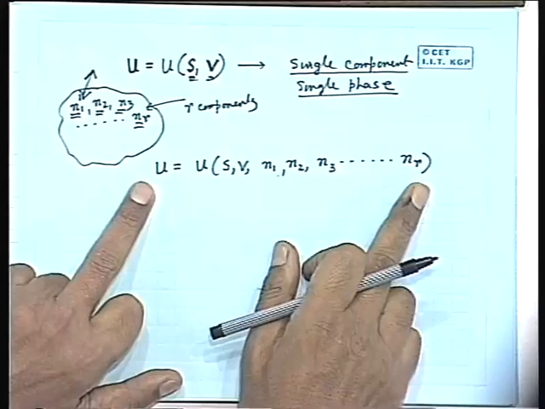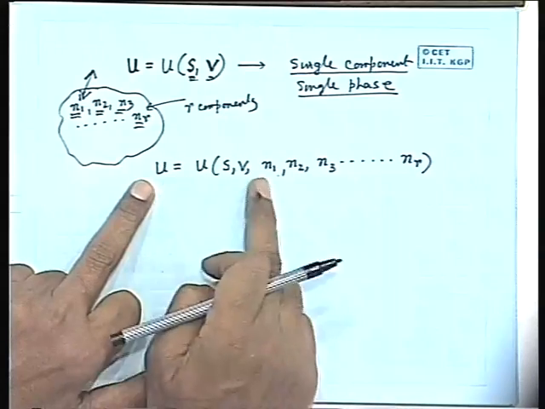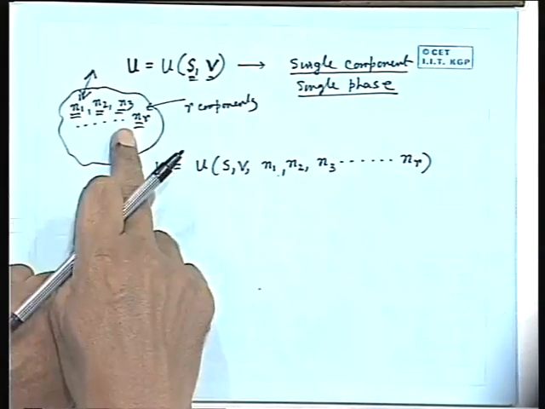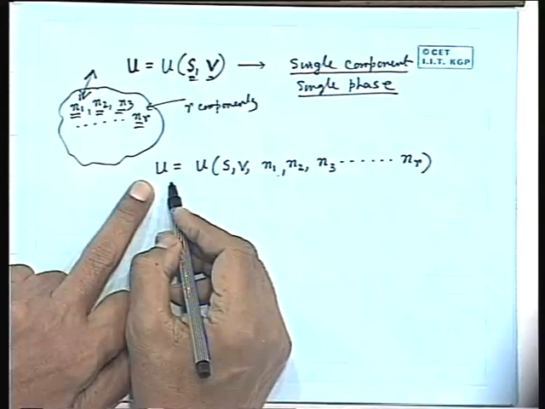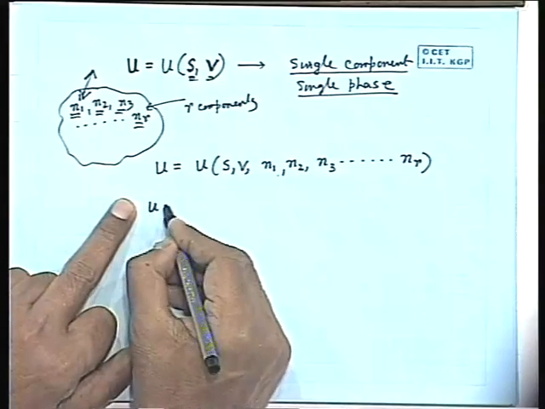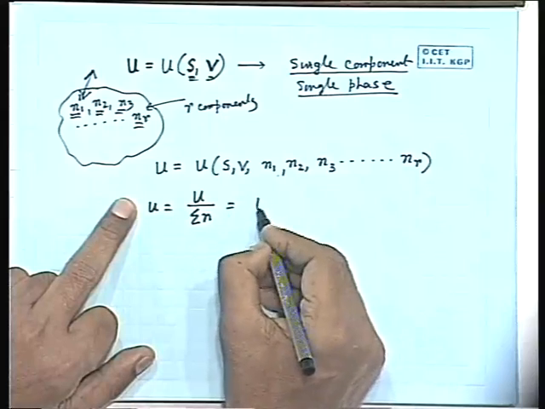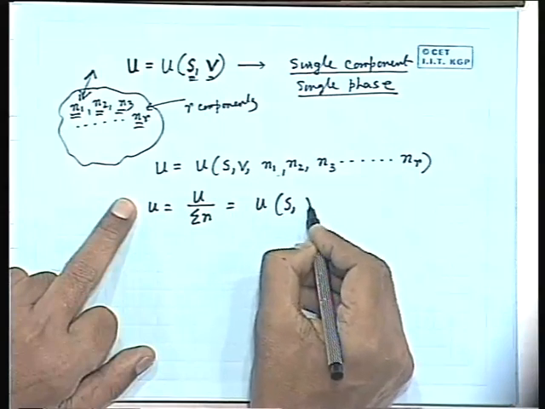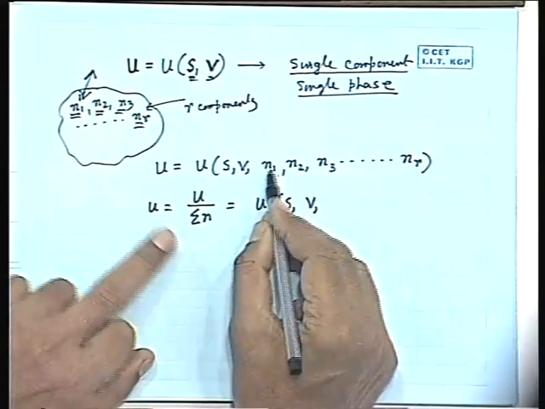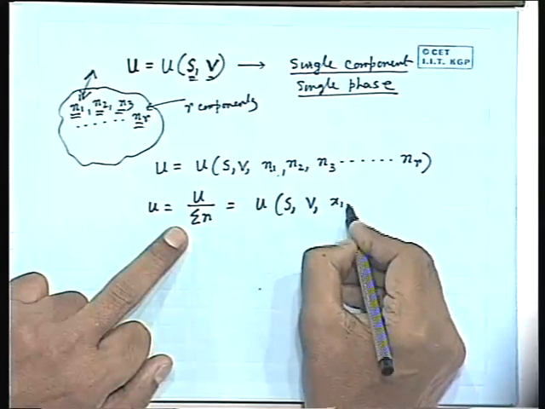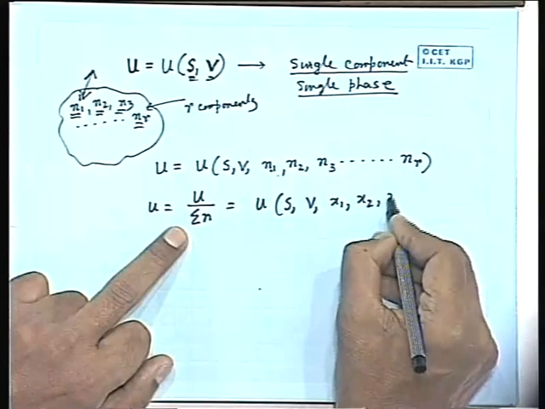Now, this is an extensive property. If you write an intensive property for this system, that means dividing by the total number of moles, then you write u as a function of s, v, and N1 by sigma n, which I denote as x1, the mole fractions.